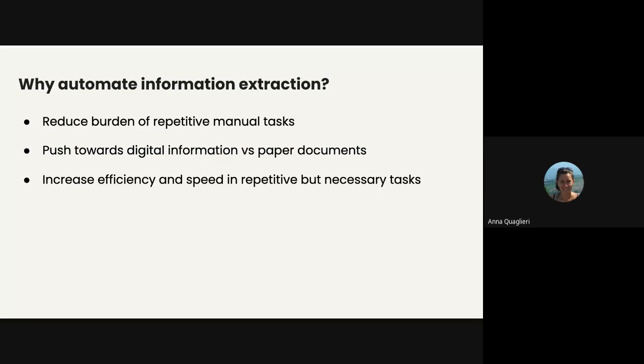And next, of course, if we automate something, it means that we can smooth the edges of our tool in order to increase the speed and the efficiency in those tasks, which are necessary for someone's business, but are repetitive and not the bulk of what we have to do.